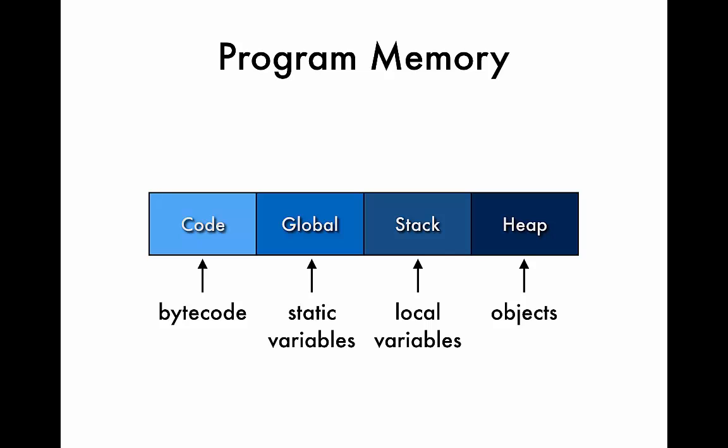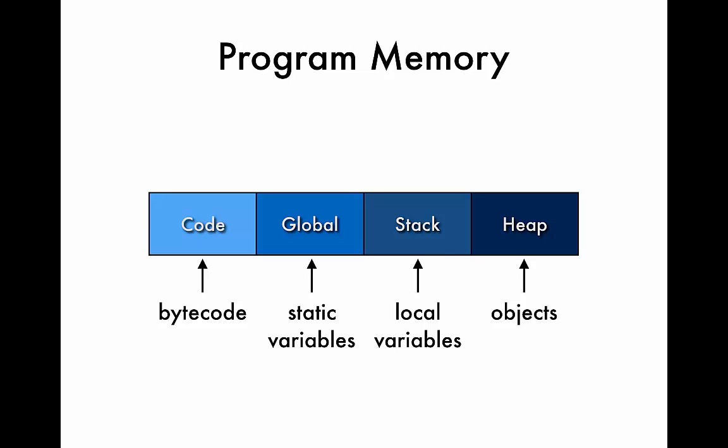Yet another area of memory is used for variables and information that are associated with method calls. This is the stack. As methods are called, their variables and information are placed on the stack. When methods return, their variables and information are removed from the stack.